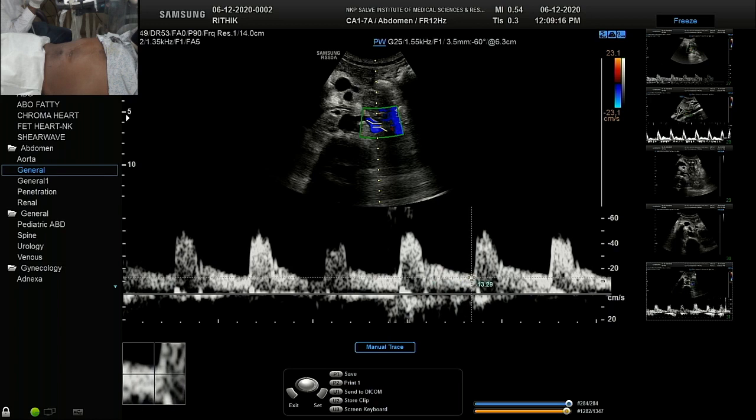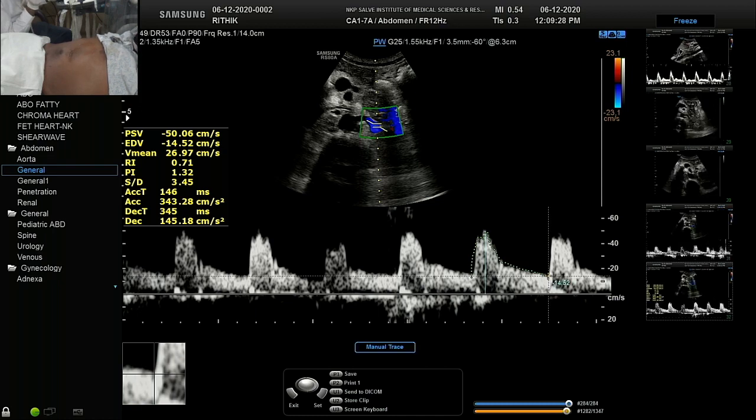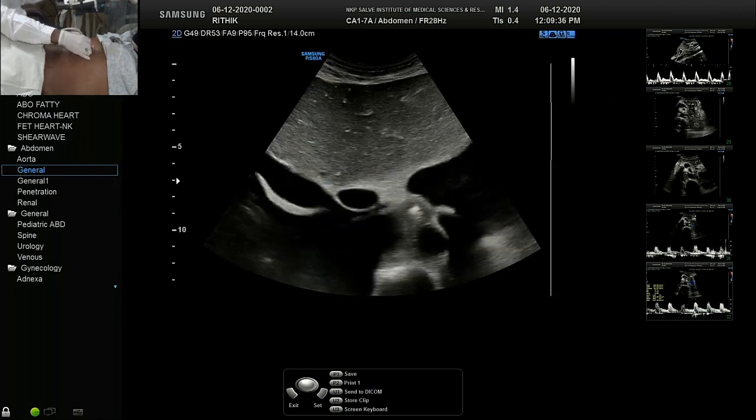This is quite better. So the resistivity index is 0.7, a little bit higher. Let us see what we get on the right side.